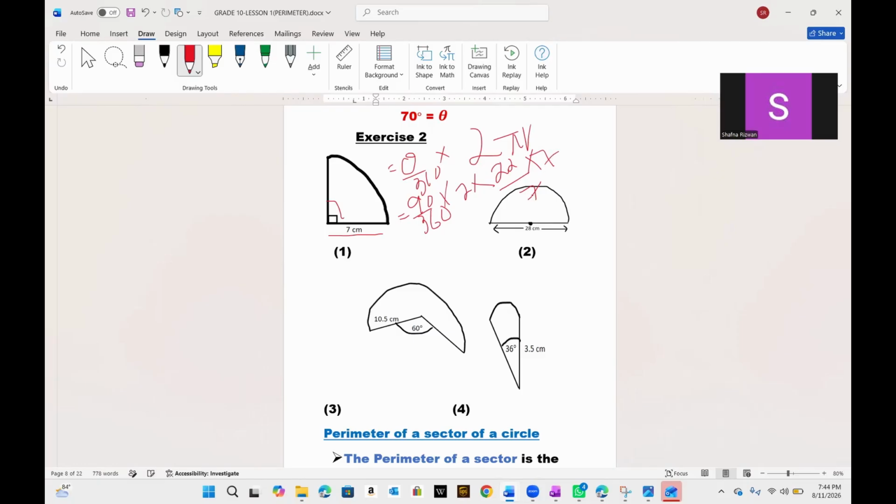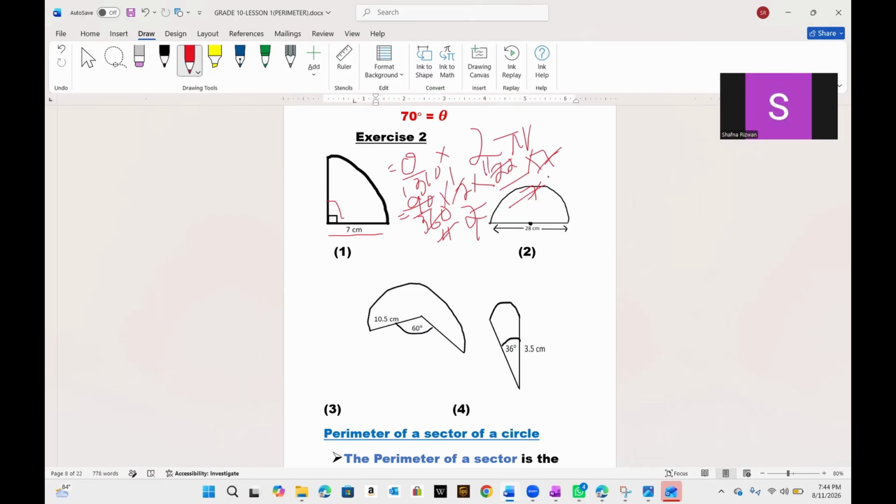So 7 and 7, bottom and top, cancel. 90 divided by 360: 90 divided by 90 is 1, 360 divided by 90 is 4. Then 4 and 2: 2 divided by 2 is 1, 4 divided by 2 is 2. Now 2 and 22: 2 divided by 2 is 1, 22 divided by 2 is 11.